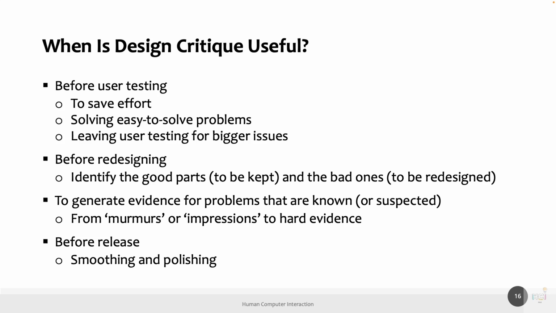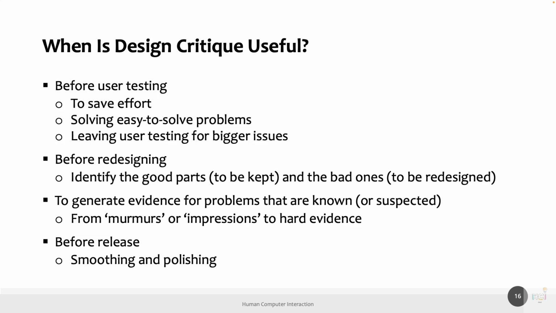Again, you can use it at different stages in the design process. It's common to use it before user testing. So before going to the target population, you try to solve the easy to solve problems with the experts, because this saves effort, and you can use user testing for the bigger issues.